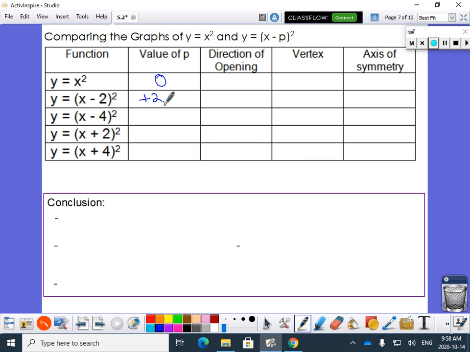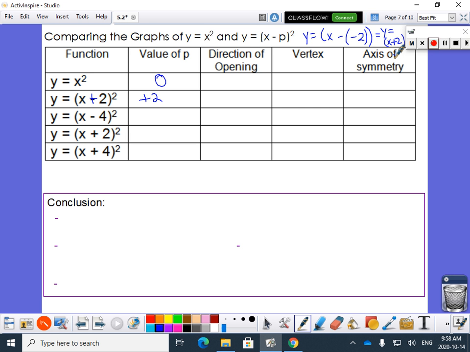It's the opposite. It just is what it is. If it did say plus, then it really looked like x minus negative 2. This becomes positive, which would make it y equals x plus 2.